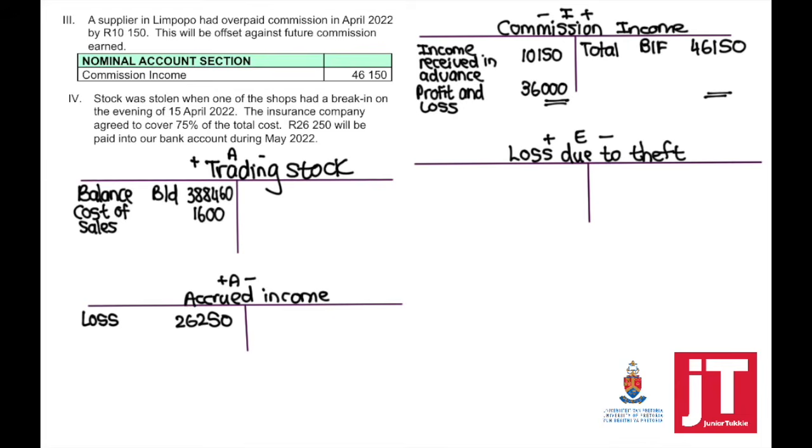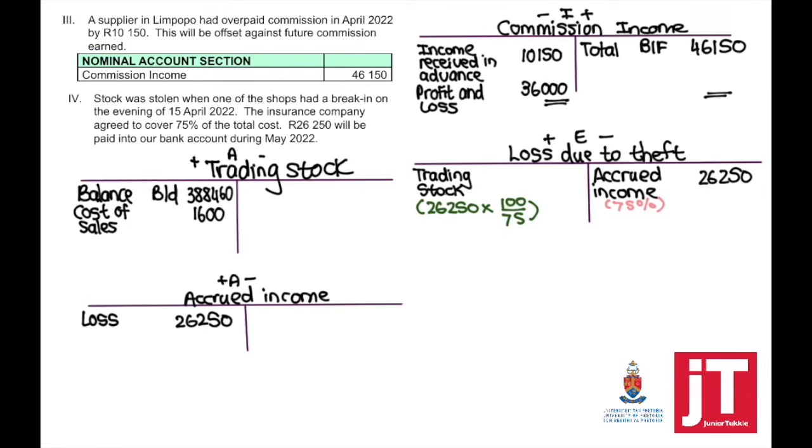Means that accrued income will be debited and loss due to theft will be credited. To find out what is the trading stock amount, the insurance company agreed to cover 75% of the total loss. The total loss is always equal to 100%.